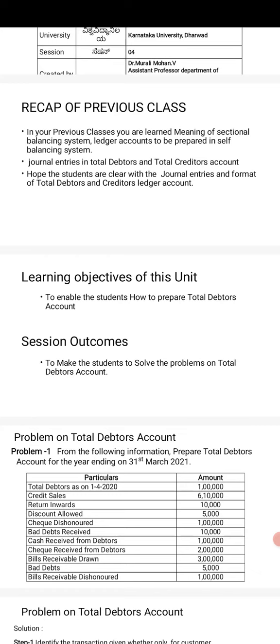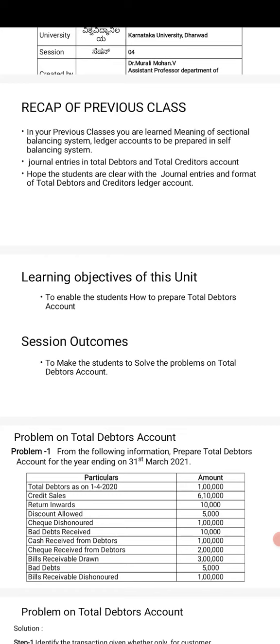At that time he may send the goods back to the company. Here the benefit is given by the customer itself, therefore return inwards you have to enter under the credit side of the debtors account. Then discount allowed.